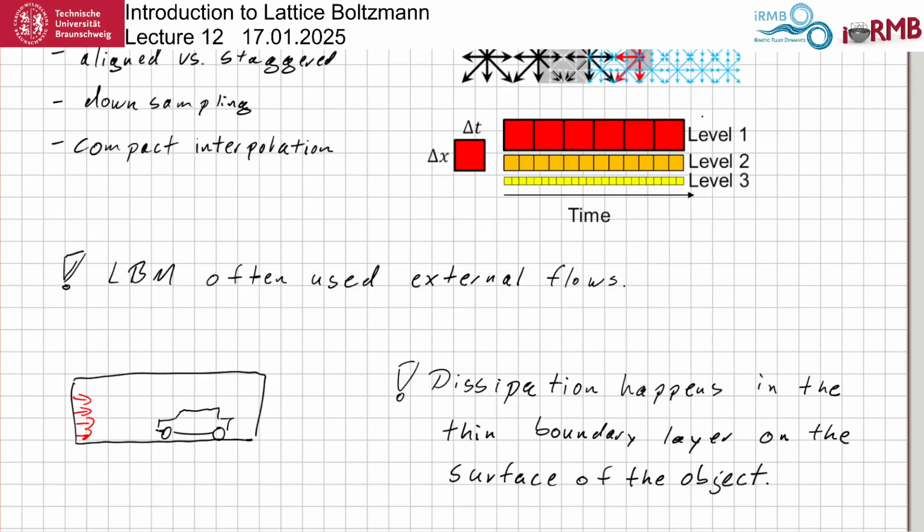So thin, with thin, we often mean it's really thin, like a millimeter or even less, for an object that may be very large, say it's a car, or it may be a cargo ship. Now you have a cargo ship, and the surface where you have the dissipation is just the surface directly around your car.